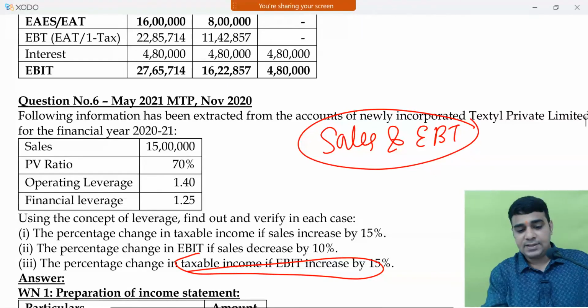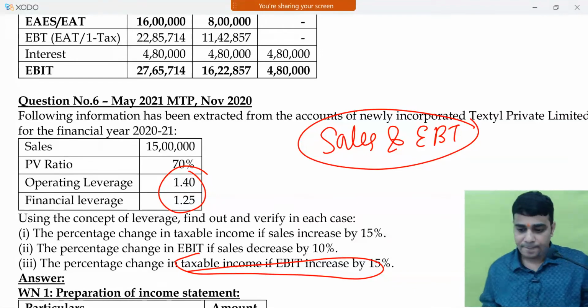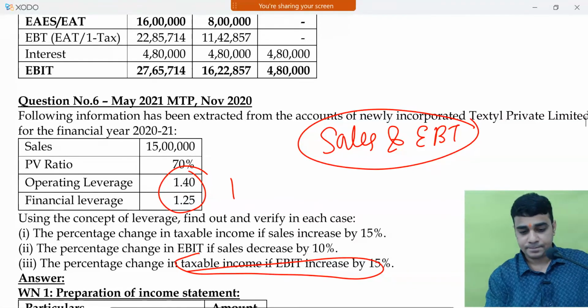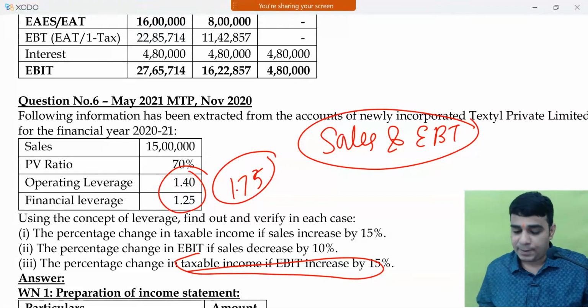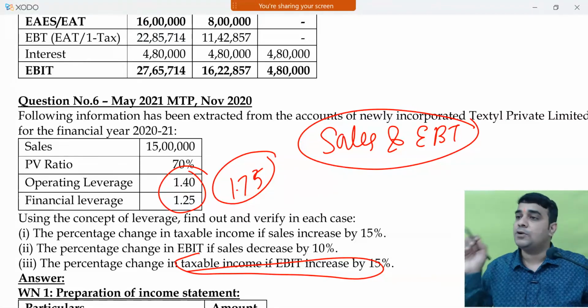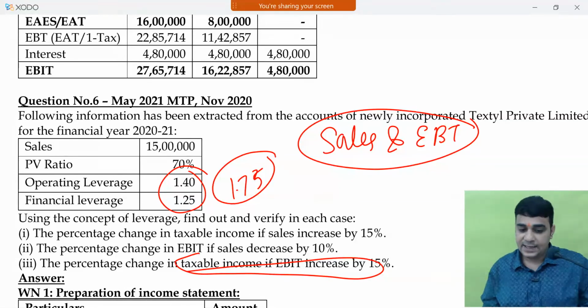The combined leverage is 1.4 into 1.25, which is 1.75. So the percentage change in taxable income if sales increase by 15% is equal to 15 into 1.75. Which leverage links EBIT and sales?